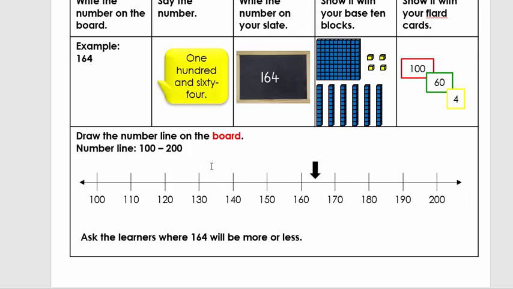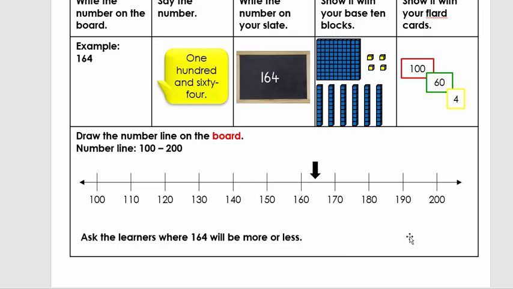Now let's ask a few other questions. Show me more or less where 135 will be. Well done. It's here, more or less here.